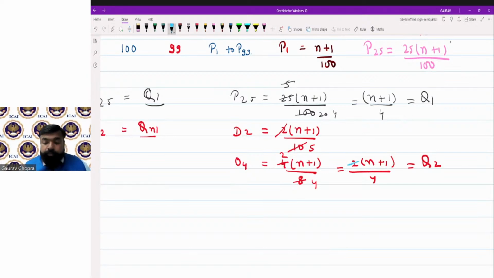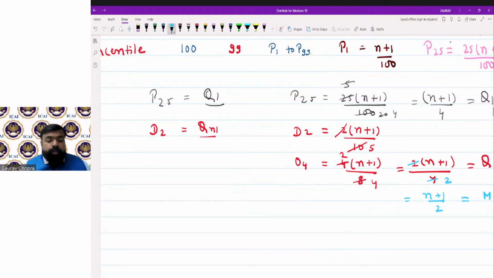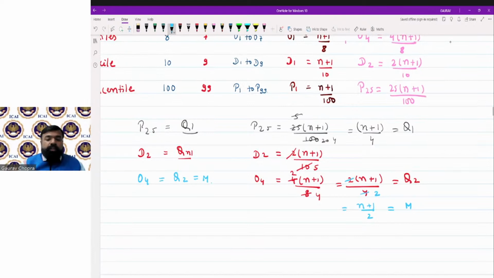Also, if we cancel further, it will become n plus 1 upon 2, and n plus 1 upon 2 means median. So O4 is equal to Q2 and is also equal to the median. In this way, we can calculate any rank.